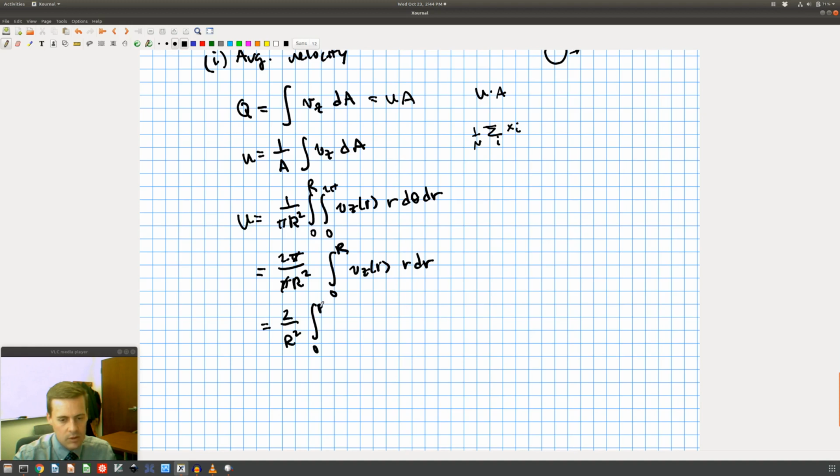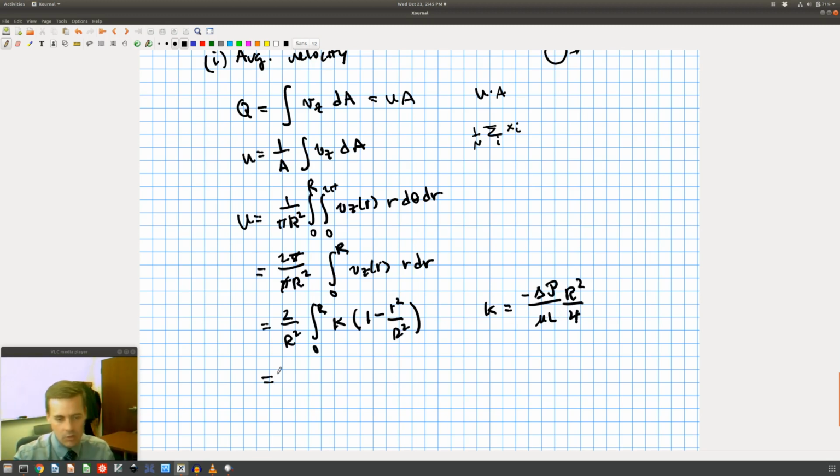I have the integral from 0 to R. And I'm going to call this k times 1 minus r squared over R squared, where k equals minus delta dynamic p over mu L R squared divided by 4. Okay, which is what my other piece was up there.